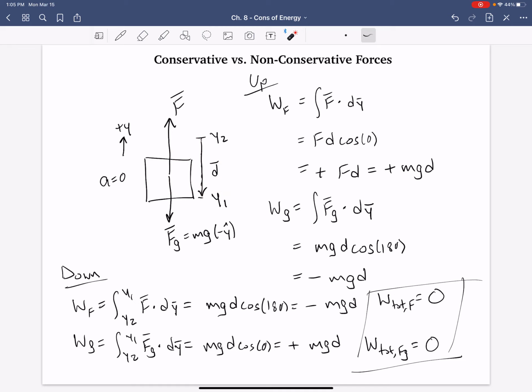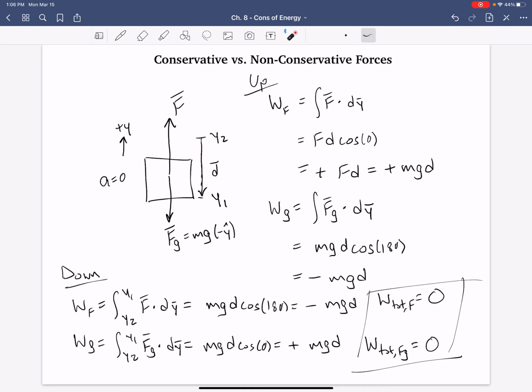And because the work done by gravity doesn't depend on the distance traveled, it just depends on the overall change in height, the dy, which is just d, we will always get the same total work done, right? So you can start here and go straight up, or you can start here and go looped around and take your time and then end up at y2.